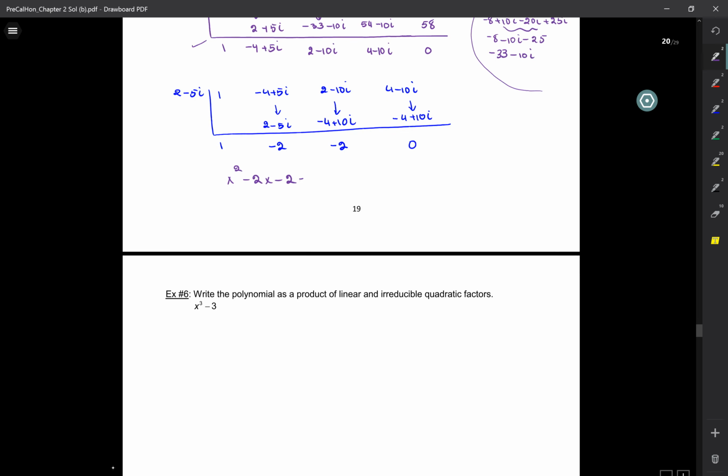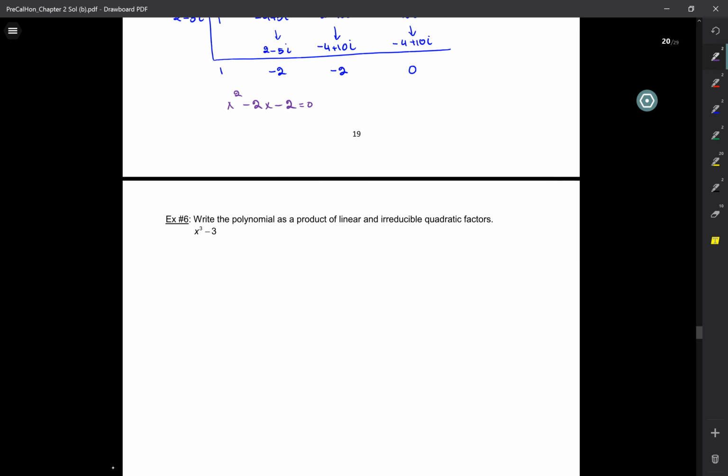Now, can we find the zeros of this? Sure we can. We can't factor this, so we have to use the quadratic formula. So it's negative b plus or minus the square root of b squared minus 4 times negative 2, all over 2.